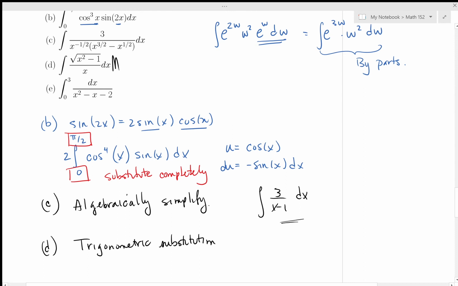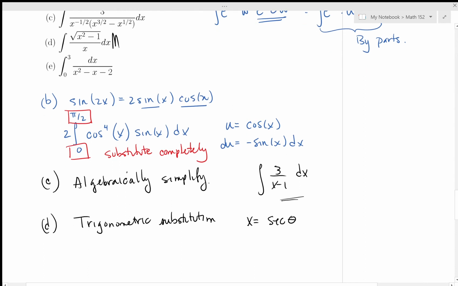I can look back to the chart, and you will see that to do this one you need x equals secant theta. I'd be thinking in my head, what is the derivative of the secant? That is the secant times the tangent. The better you can have the derivatives in your head, the faster and more accurately you'll be able to handle all these trig functions.